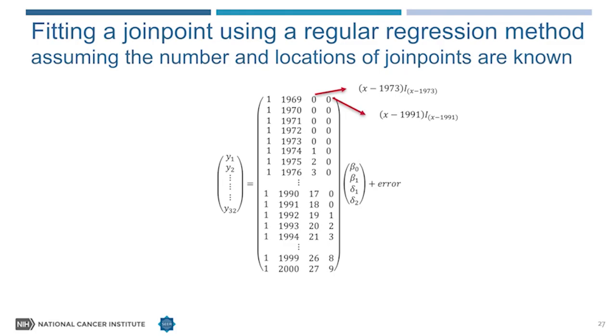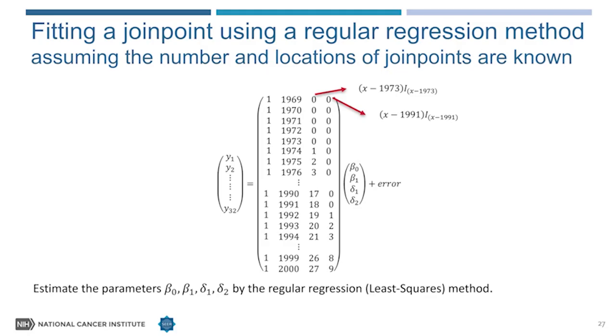For the observation at 1974, it becomes 1 in the third column, and then it increases to 27 for year 2000. Similarly, for the last column, for the years before 1992, the values in the last column are 0. It becomes 1 starting from 1992, and it increases by 1 every year up to year 2000.